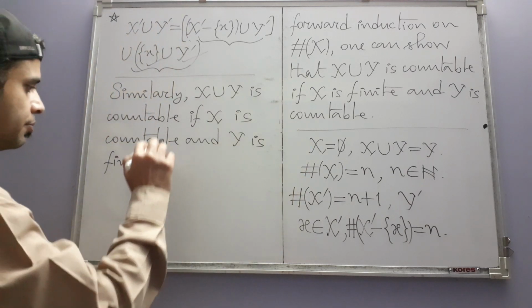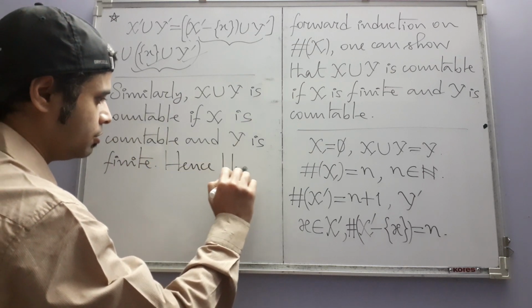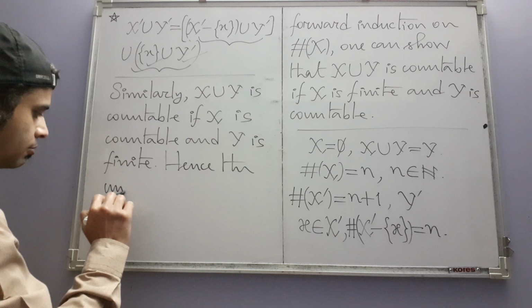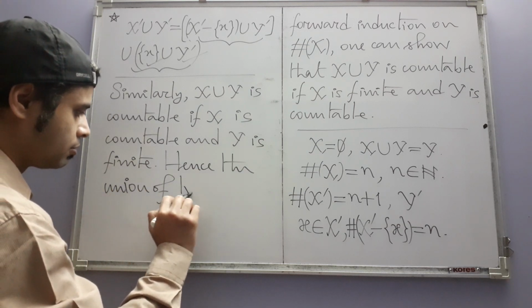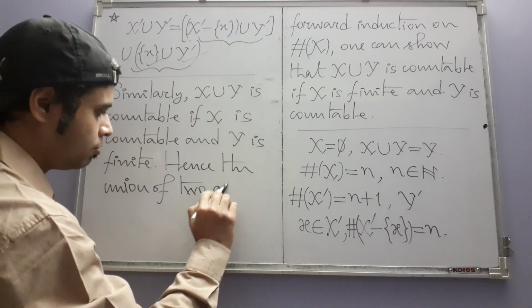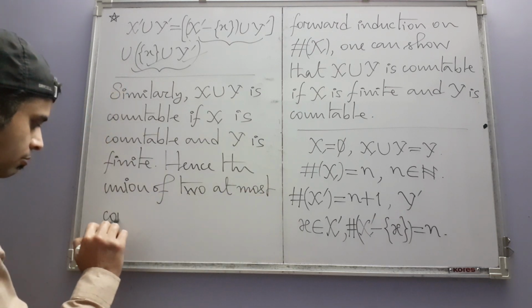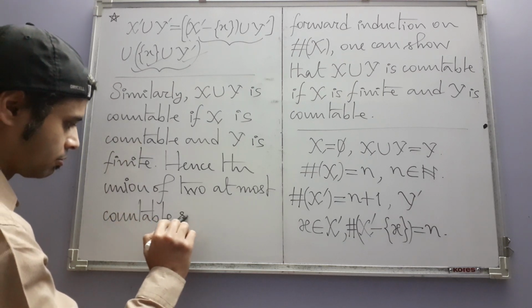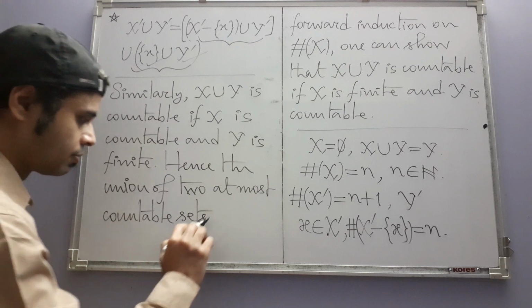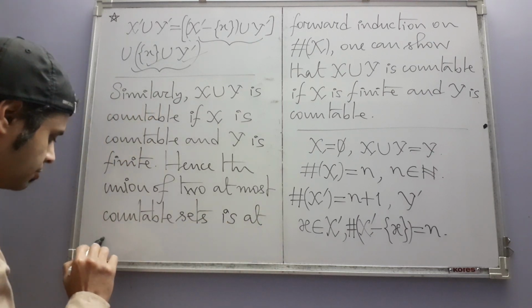So we can write: hence the union of two at most countable sets is at most countable.